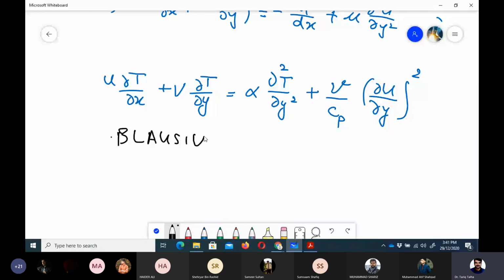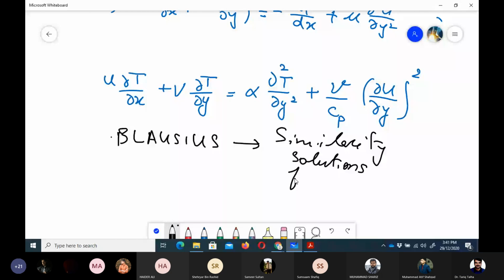He gave the similarity solutions for the boundary layer. He changed these PDEs, partial differential equations, into ODEs by introducing some similarity functions.